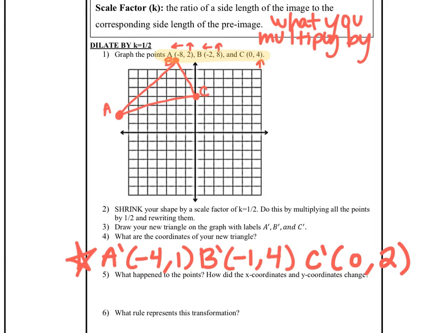So now let's read what it says. It says draw your new triangle on the graph with the labels A prime, B prime, and C prime. So now that you have the coordinates, so this is a little bit different. Now that you have the coordinates, graph those three.